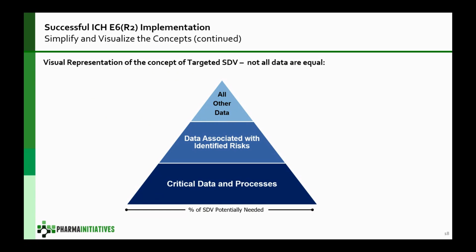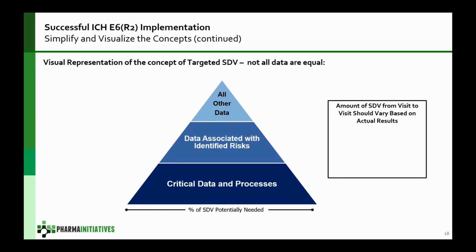One thing I will tell you, though, is whenever you talk about targeted SDV, you always need to also mention that targeted SDV should vary based on results. If you find fewer errors, you should be able to do less SDV. If you find more errors, you need to do more. You always want to connect that up, the fact that it's not a static process, that it is a living process based on actual results that are identified.